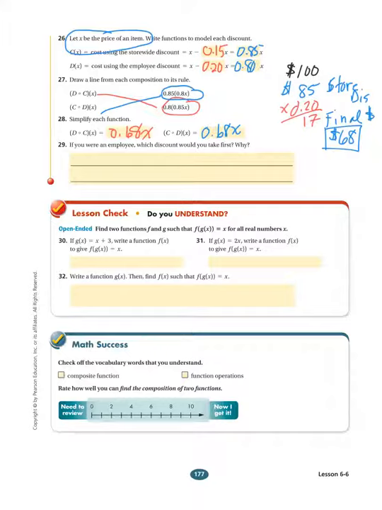And so let's reverse it. So instead, I'm going to again take my $100 item, and then we're going to take our employee discount. If I took my employee discount, which is 20%, we're going to be paying 80% of it, so we end up paying $80 for it. So that's with my employee discount.